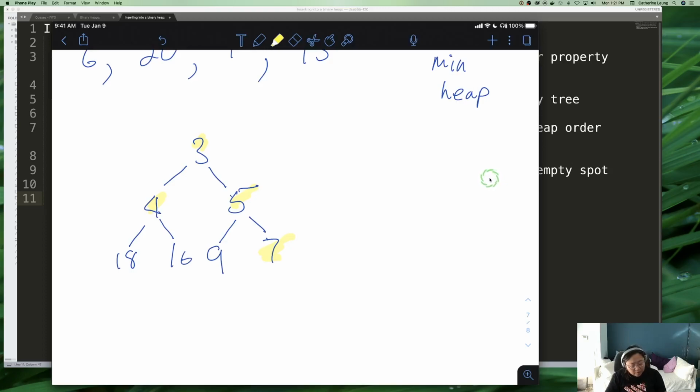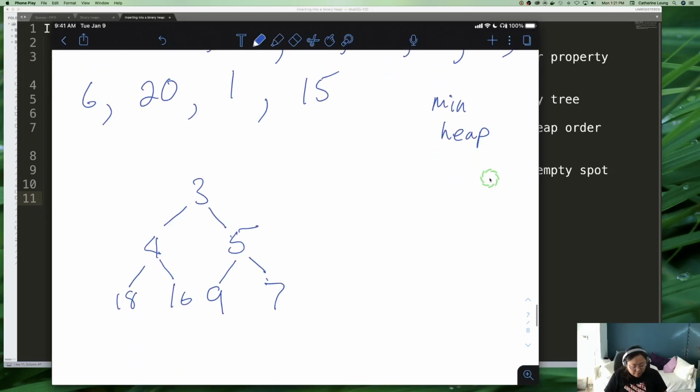So that's something to keep in mind: we don't look left or right, we only look top to bottom. If you look across the bottom, it looks like it's going from big to small, but up here it is small to big. So you can't look left or right when you're doing this. You only consider parent-child relationships.